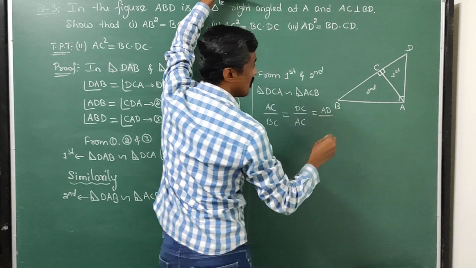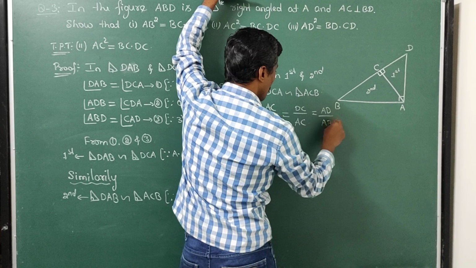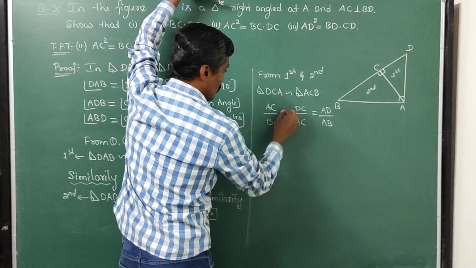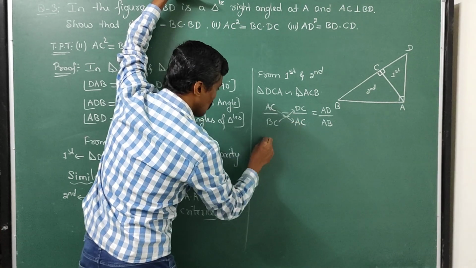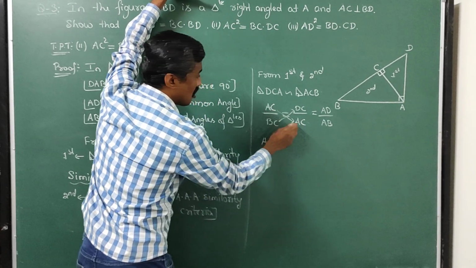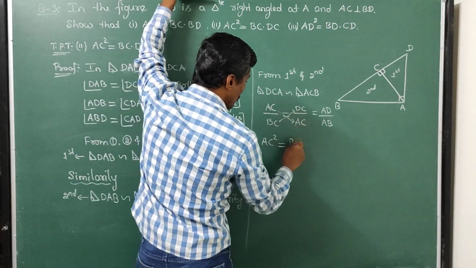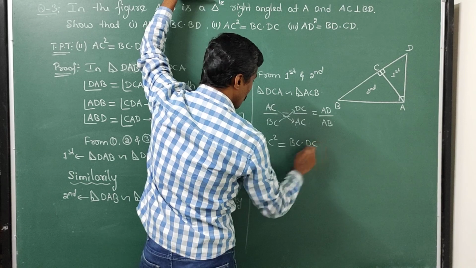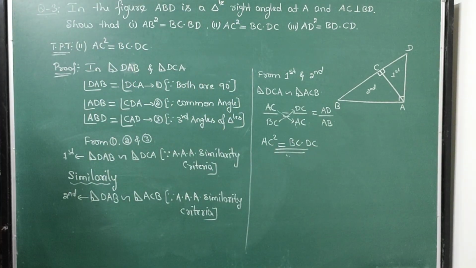Actually we don't want it. In the second part, the hypotenuse is AB. We don't want this, so cross multiply these two. AC into AC, AC square is equal to BC into DC. So this is what we have to prove. That is the second point.